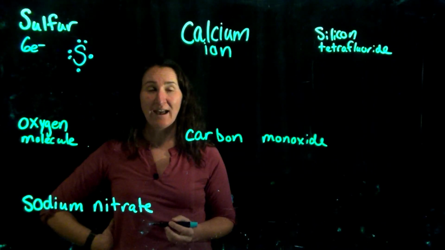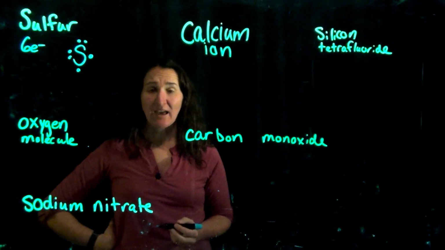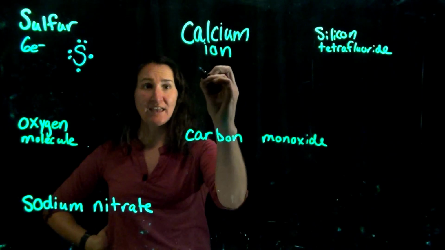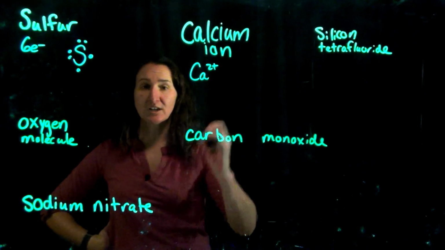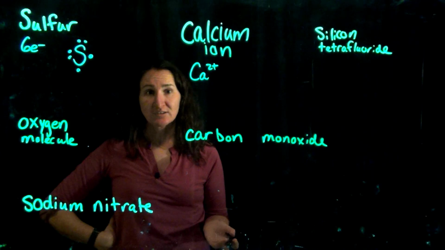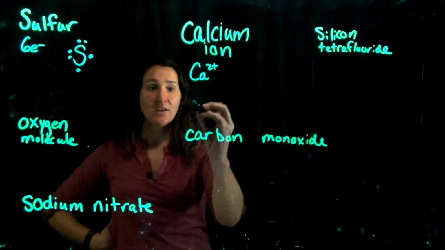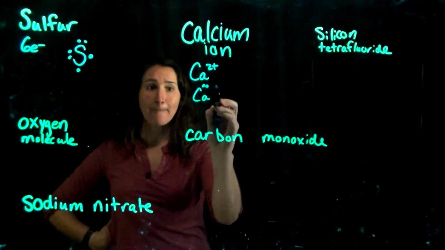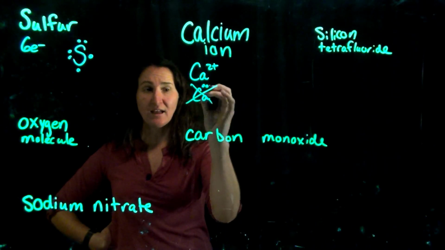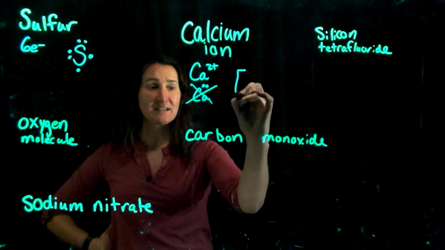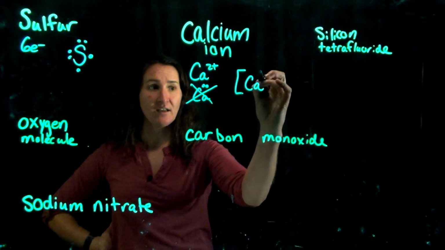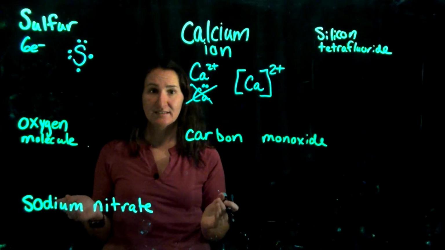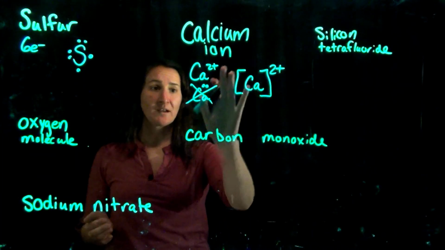Next is our calcium ion. If you look at calcium, calcium is in the second column going down, which means calcium has a 2+ charge. How did it get a 2+ charge? It lost 2 electrons. So elemental calcium should have 2 electrons, but we turned it into an ion, so it lost those electrons, which means now we represent it as an ion with brackets and the charge written outside of the brackets. That's a good way to remember how to do these.